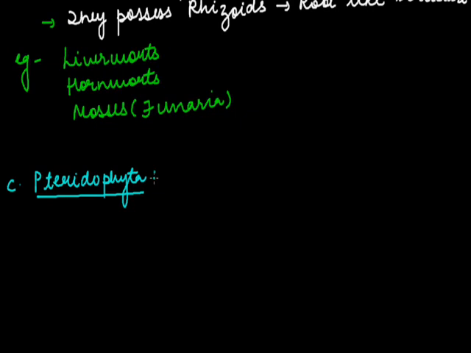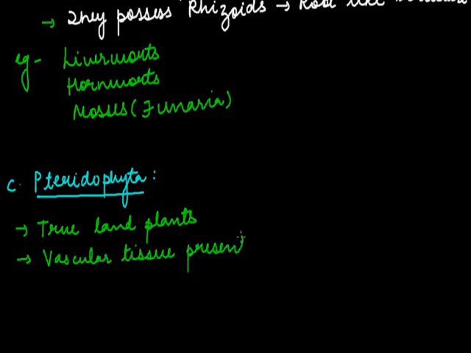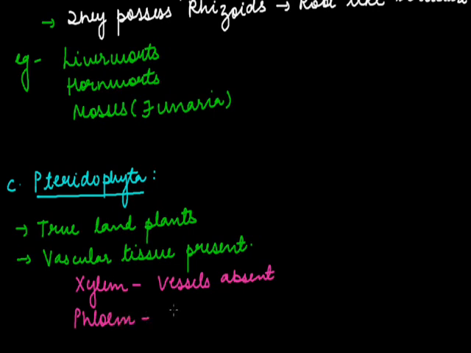These pteridophyta are true land plants. Vascular tissue is present, that is xylem and phloem are present, but in xylem vessels are absent and in phloem companion cells are absent.